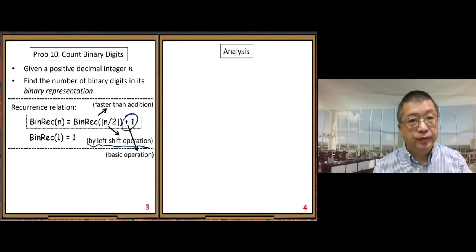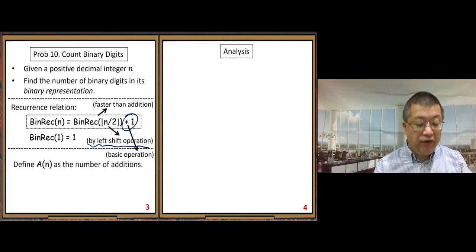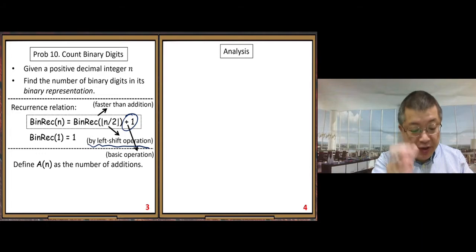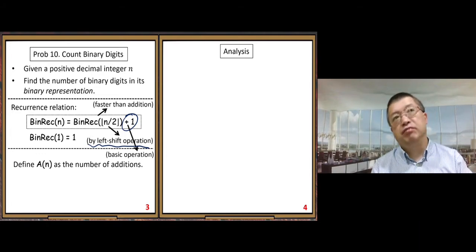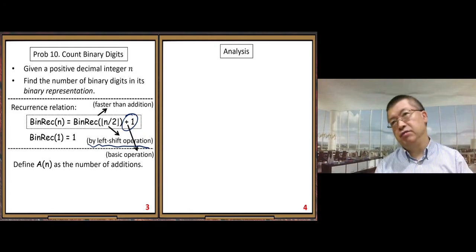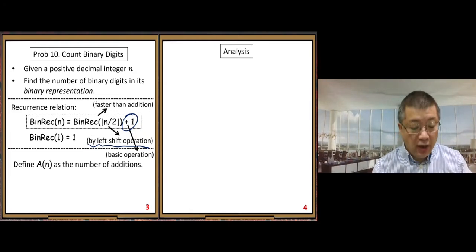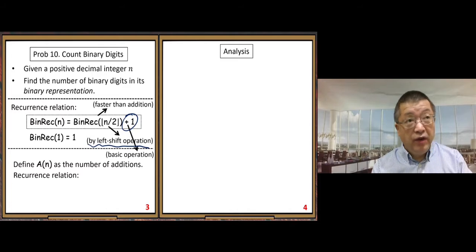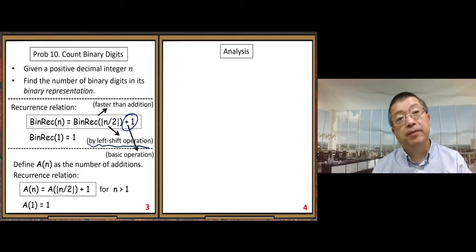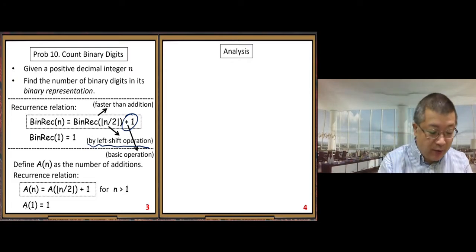Now we define a function, a of n, representing the number of additions. You can see for the a function, we have a similar recurrence relation. But a of 1, we still make it 1, not 0.